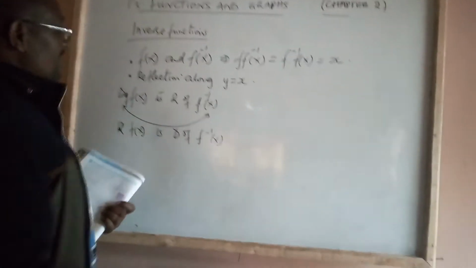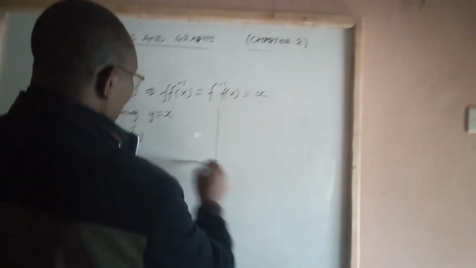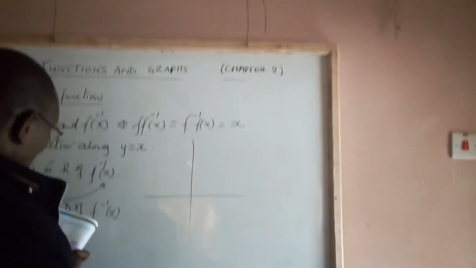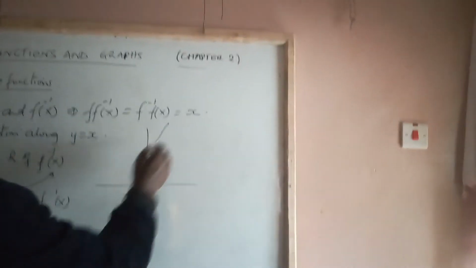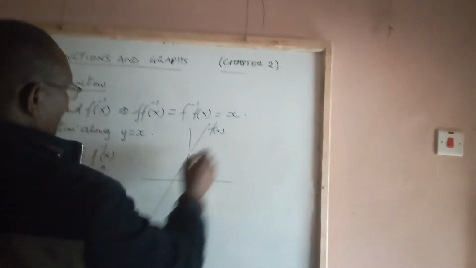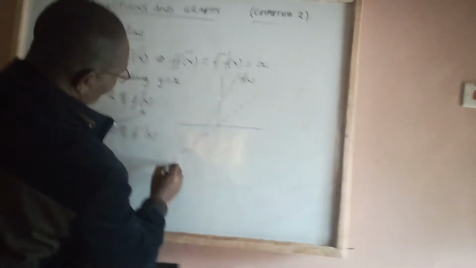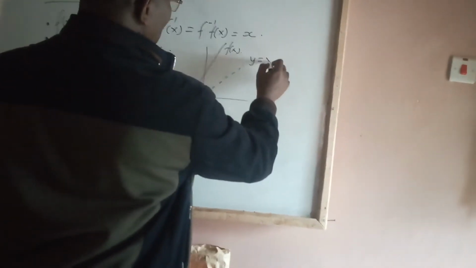In other words, if you look at that diagram on page 24, it talks of a function f(x), and then we have the line y = x.